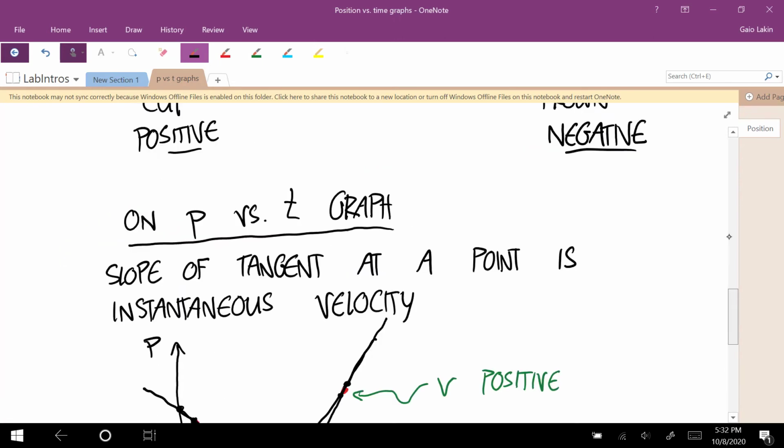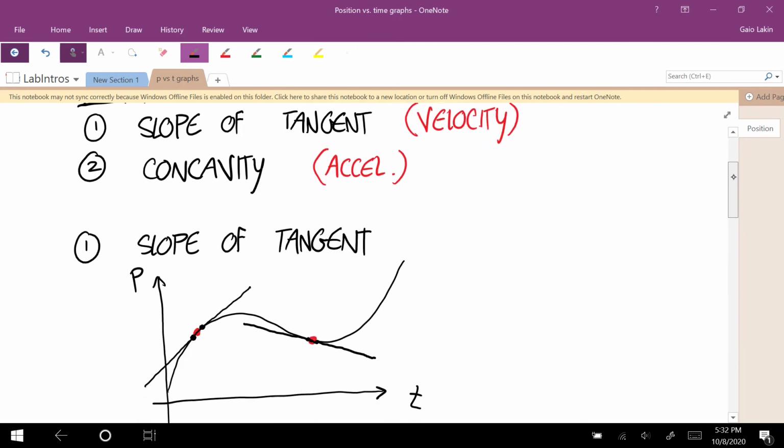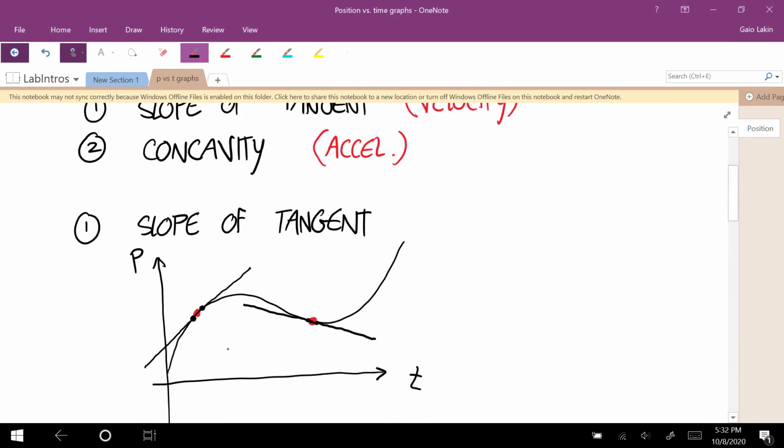And if I go back to the first picture I drew, where I was demonstrating the slope of a tangent, notice that here it's concave down for half or whatever. And so the acceleration would be negative for the first half, and then it's concave up after that, so the acceleration becomes positive after that.